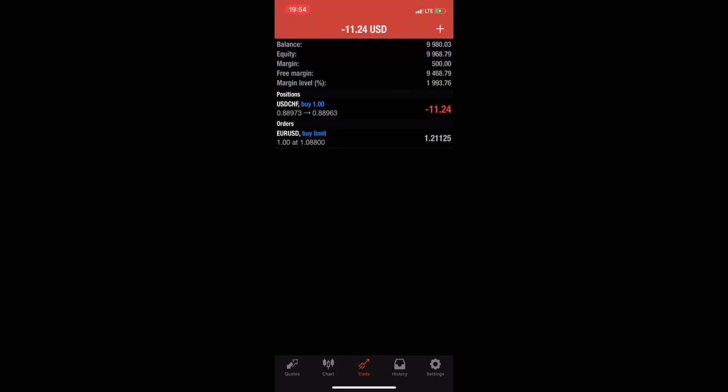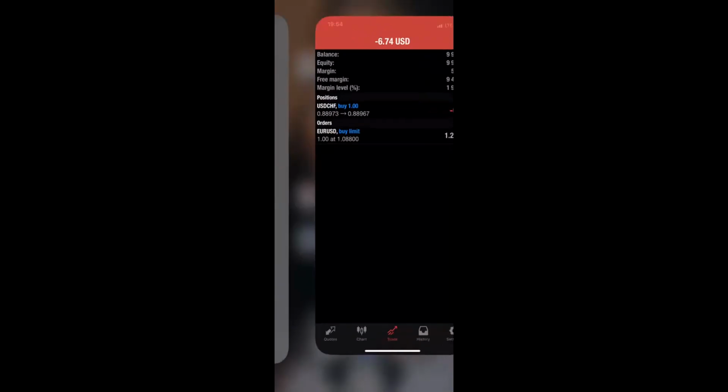So why am I in loss? I'm in loss because I'm buying. But what is happening to my current price? Guys, look at it and tell me. USD CHF. I said the first one is my entry price, which can never change. The second one is my current price, which is changing. Remember, I'm buying because I want my entry price to increase. But what is happening to the current price now?